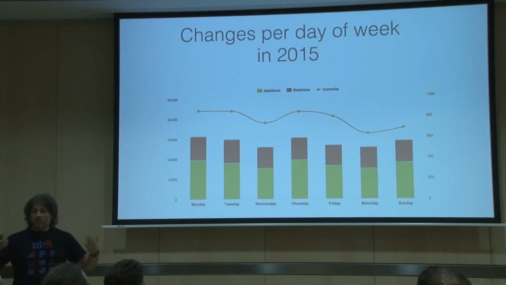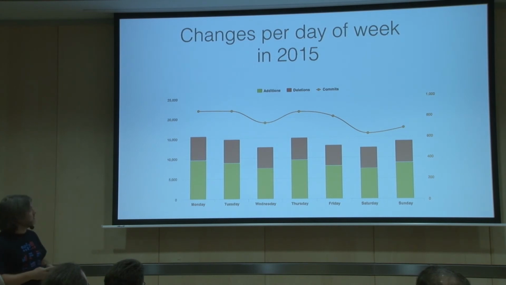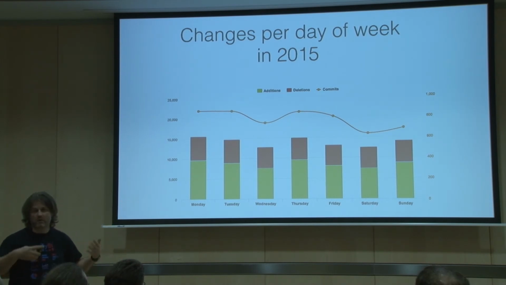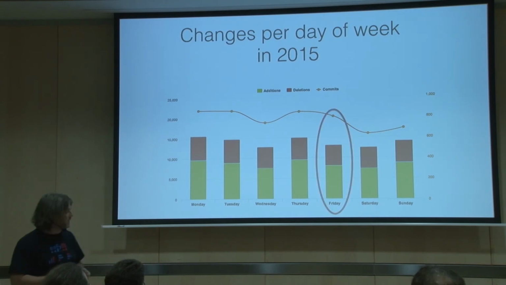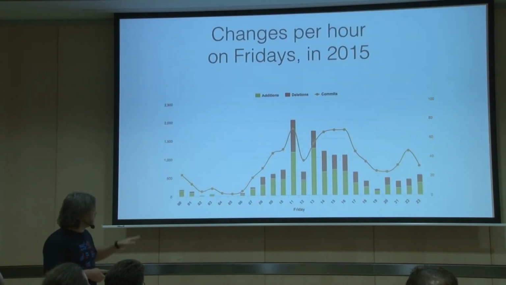Let's have one more different look at how you can view that. It's by weekdays. And here we see that still in open source projects, you work on weekends. But let's focus on Fridays, what's happening on Fridays. Let's drill into that and look at what's happening on Fridays by the hour of the day.